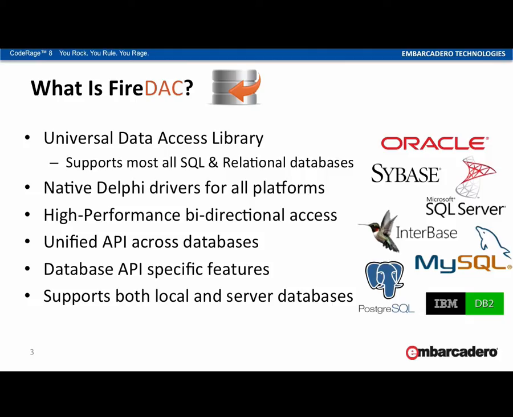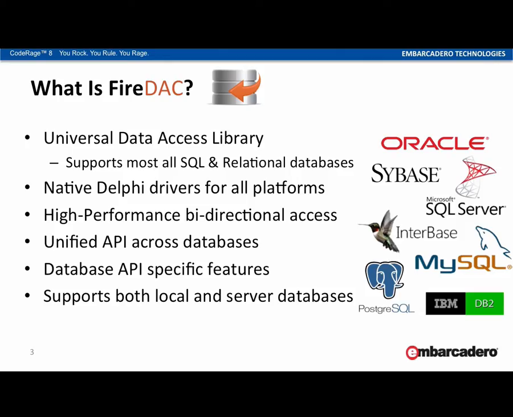FireDAC is a high-performance bidirectional access system. So it provides the robustness of bidirectional access, but also is very high performance. It provides a unified API across all the databases. So you use the same components to access all the databases it supports. But it also provides database-specific API features.